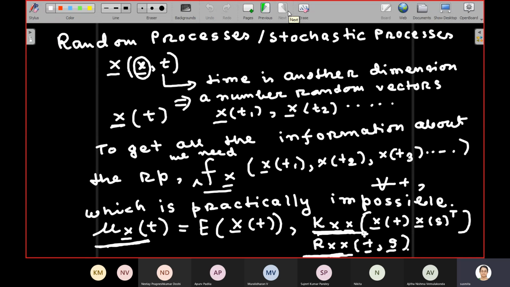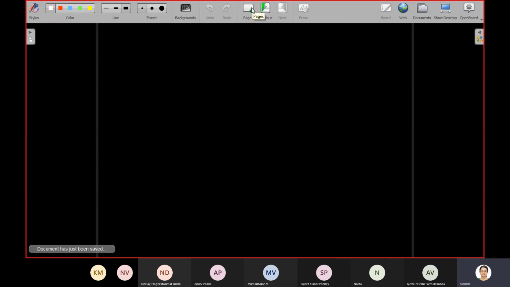Okay. Now in this context, another process is of particular importance. It's called a wide sense stationary process.